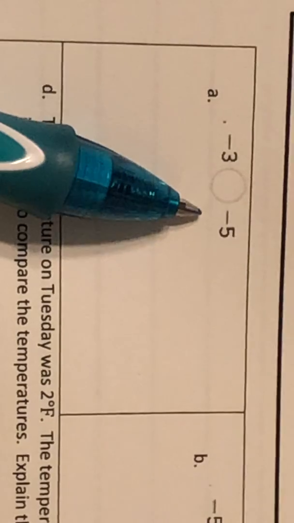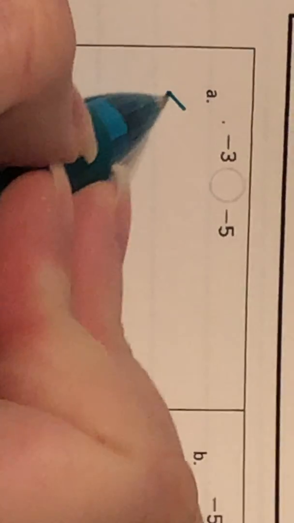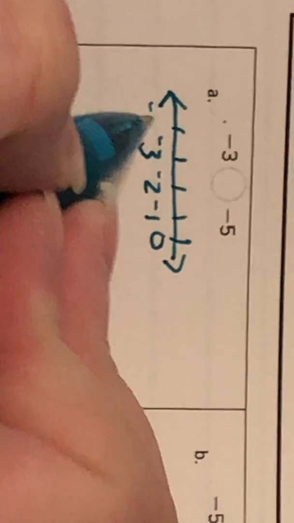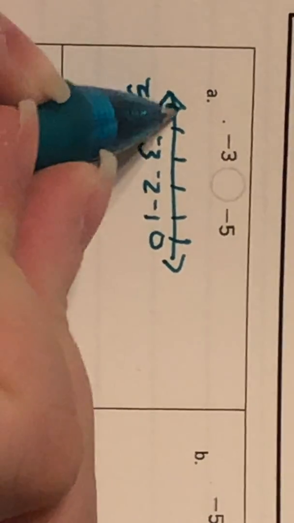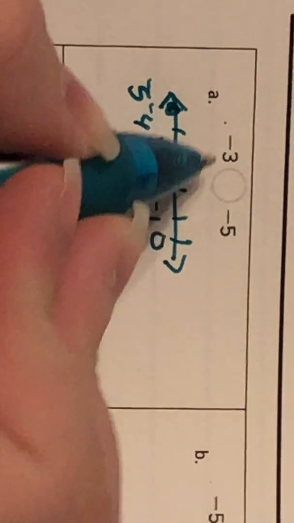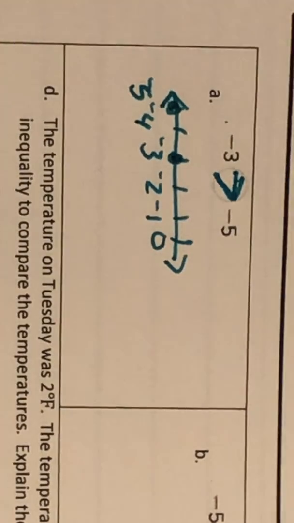They're both negative, so I want to ask myself which one's closer to 0. So I can use a number line. Okay, so here's my number line. So I have negative 5 and negative 3. Negative 3 is closer to 0, so negative 3 is bigger, so it's greater than.